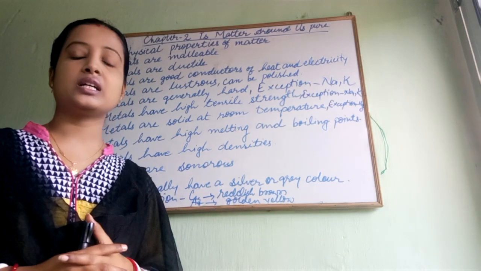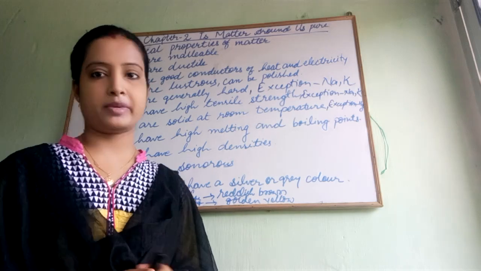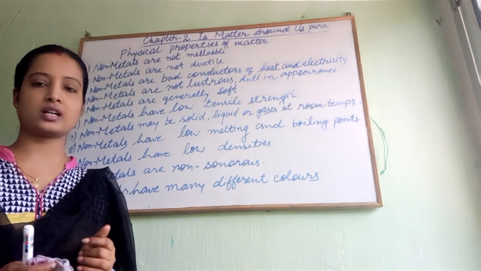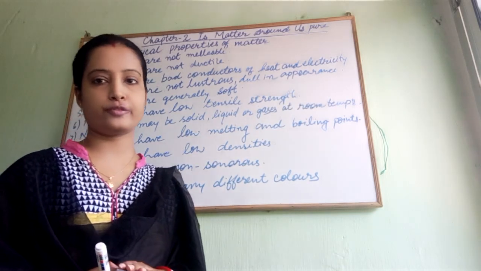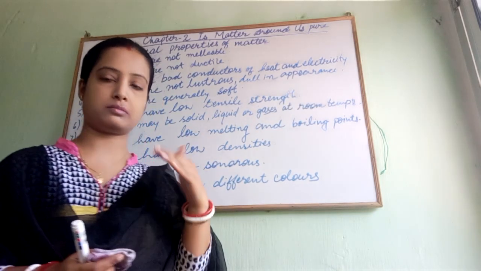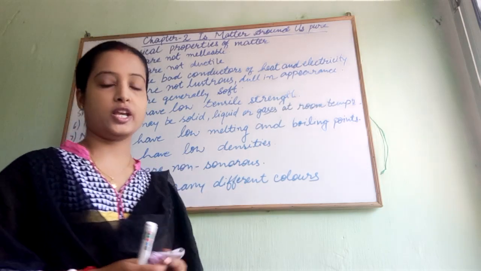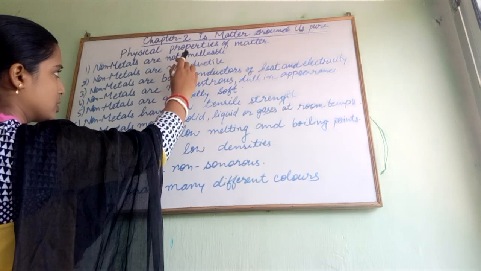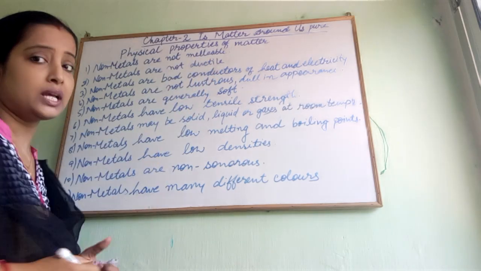So let's start the physical properties of non-metals. Just opposite to metals. Okay, so first physical property of non-metals is non-metals are not malleable.